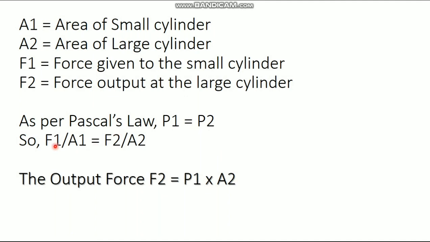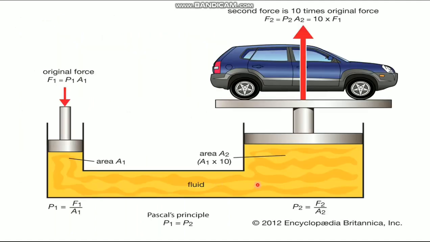The formula of pressure is force by area. So F1 by A1 is equal to F2 by A2. So the output force at the large cylinder is P1 into A2, otherwise F1 by A1 into A2. So depending upon the area available in the large cylinder, we get the multiplication of force.